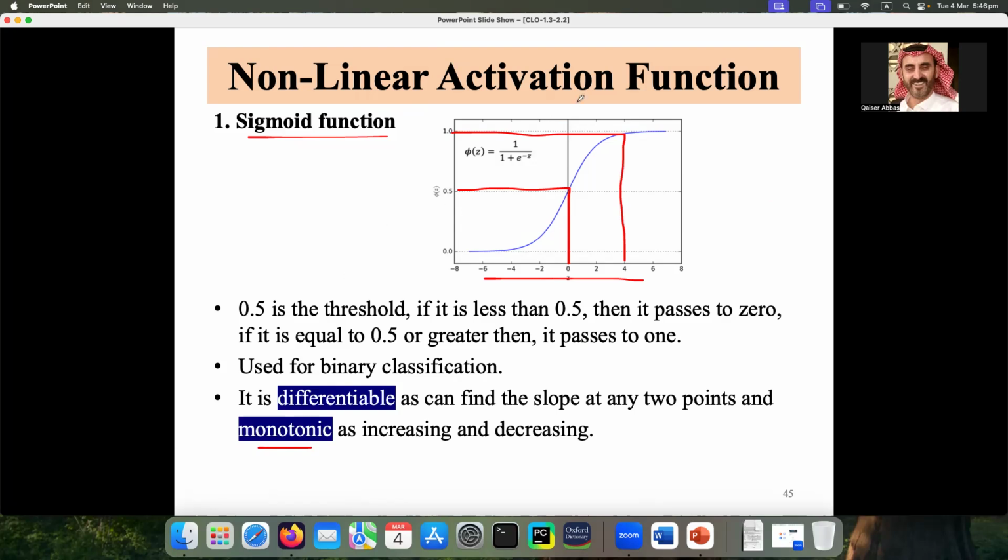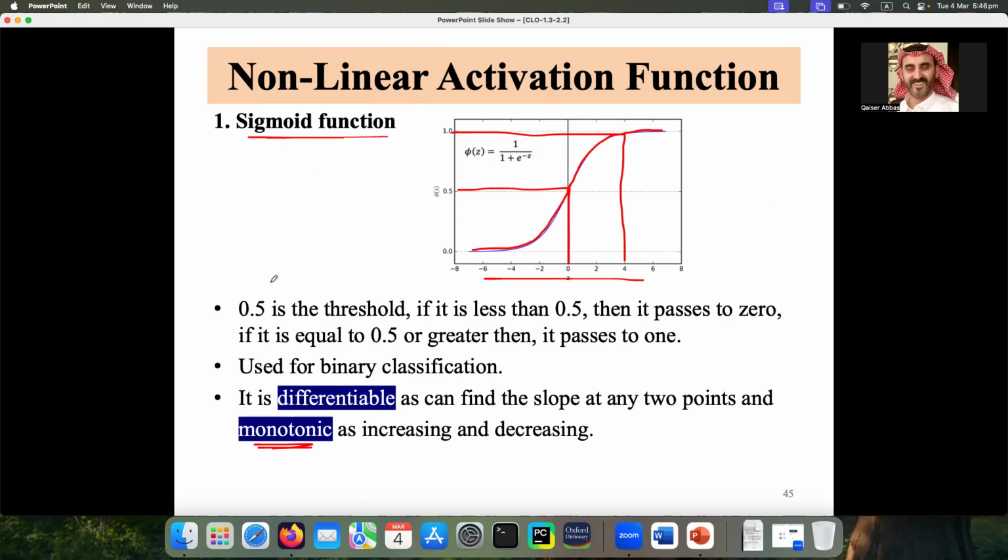So from this graph, you can say it is increasing and it also has a decreasing trend in it, so you can also call it monotonic. So sigmoid is a differentiable function and it is monotonic. If you have both these properties, then you can call it a non-linear activation function.